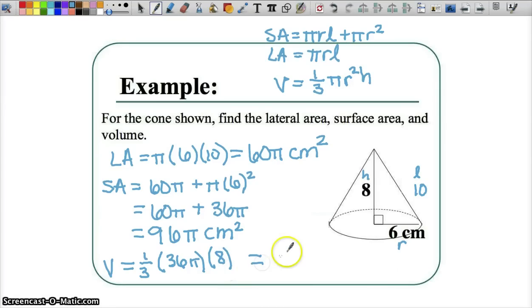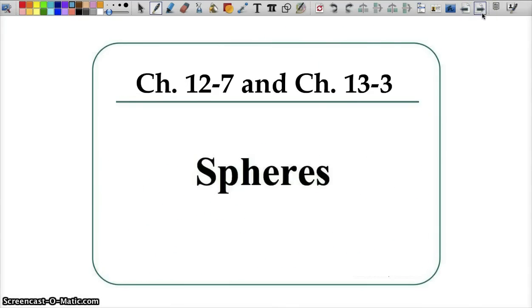If we take 1/3 of 36, we get 12 pi, multiply by 8, and we end up with 96 pi. And now, because it's volume, we do centimeters cubed. See, it's not so bad, right? Pretty easy. And that's it for our cones.